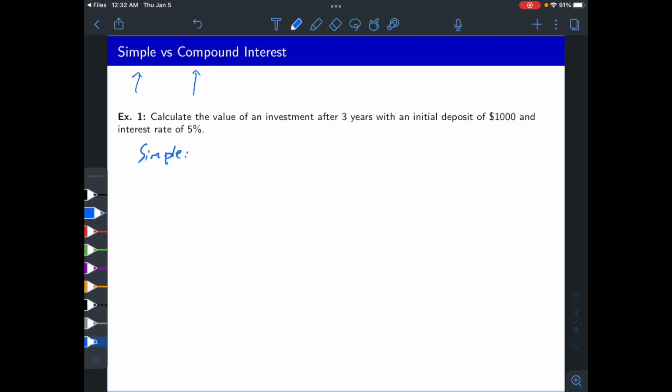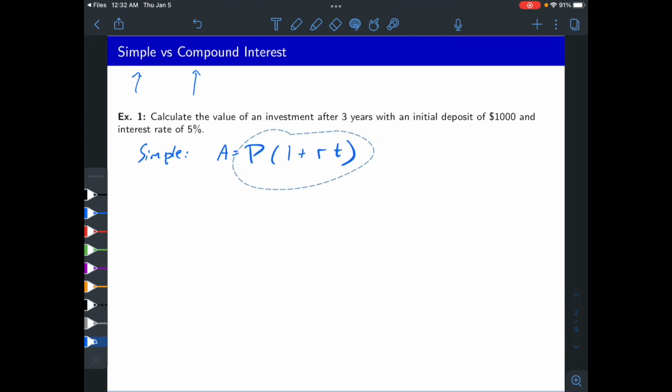With simple interest, we could use the formula for the value of the account after this time: P times 1 plus RT.